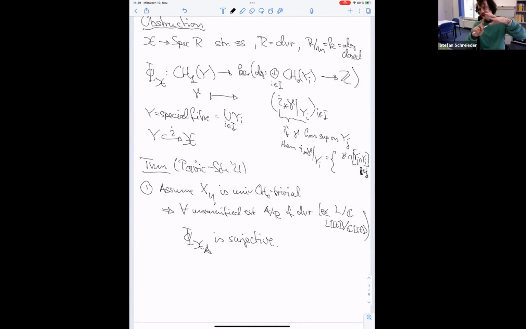And now what happens if you want to restrict the 1 cycle to a component that contains the 1 cycle? Well, then it doesn't work that well. But then what you notice is that that component is rationally equivalent to the negative of all the other components. So you just intersect with all the other components. So it's something like minus gamma intersected with Y_k, where k is different from i, if i is j.